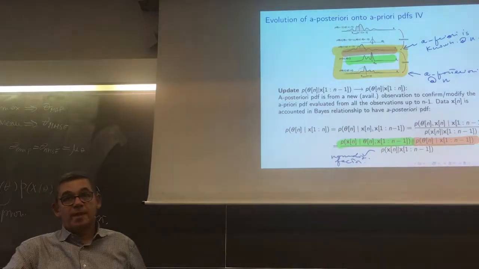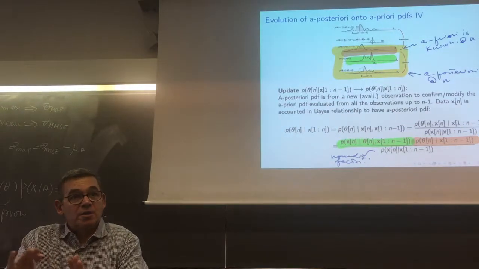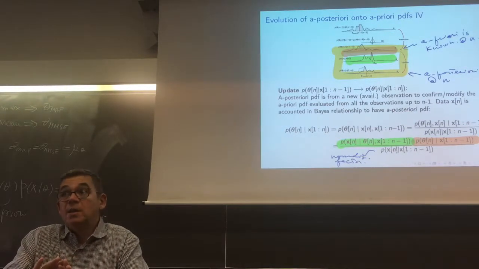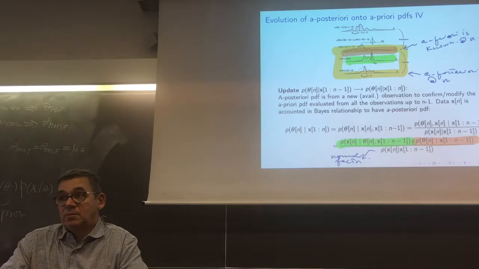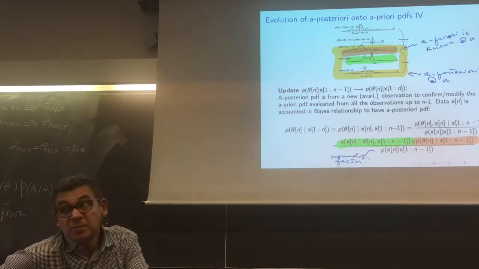I would say it's finished. There is nothing else to say. So in the green part of the equation, what's the weight of the x from 1 to n minus 1 if I already know the data?